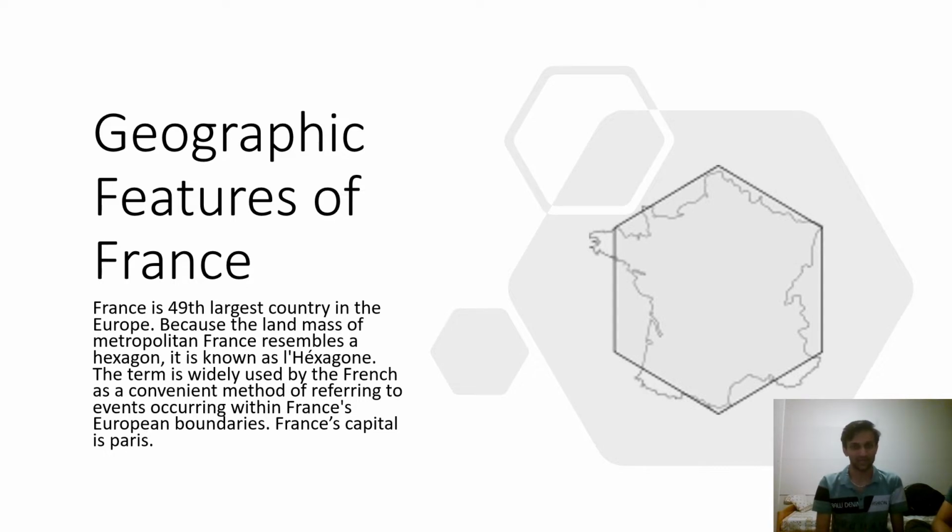In France, the local people say that this is L'Hexagone. As they have connected boundaries with other countries, they have very good chances to grow business with other countries as well. And the capital is Paris.